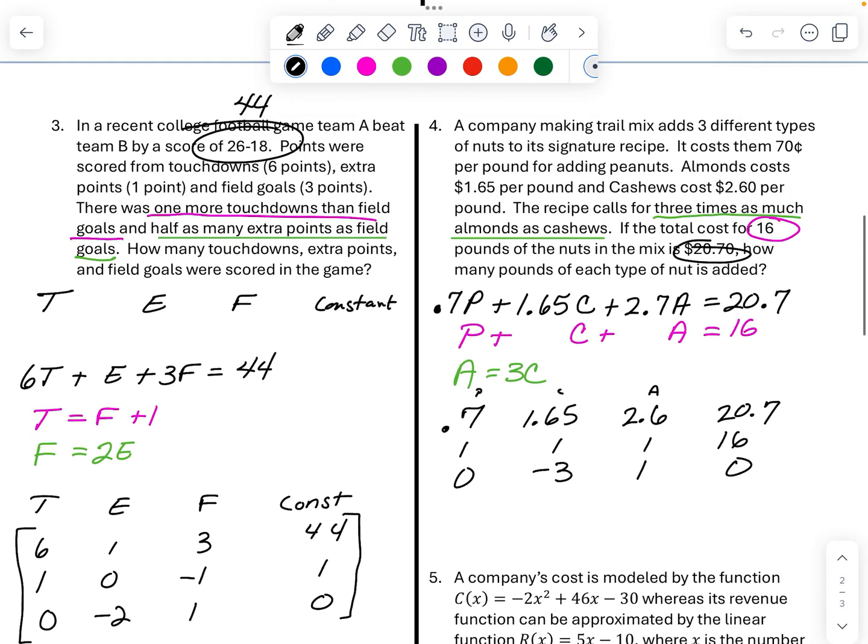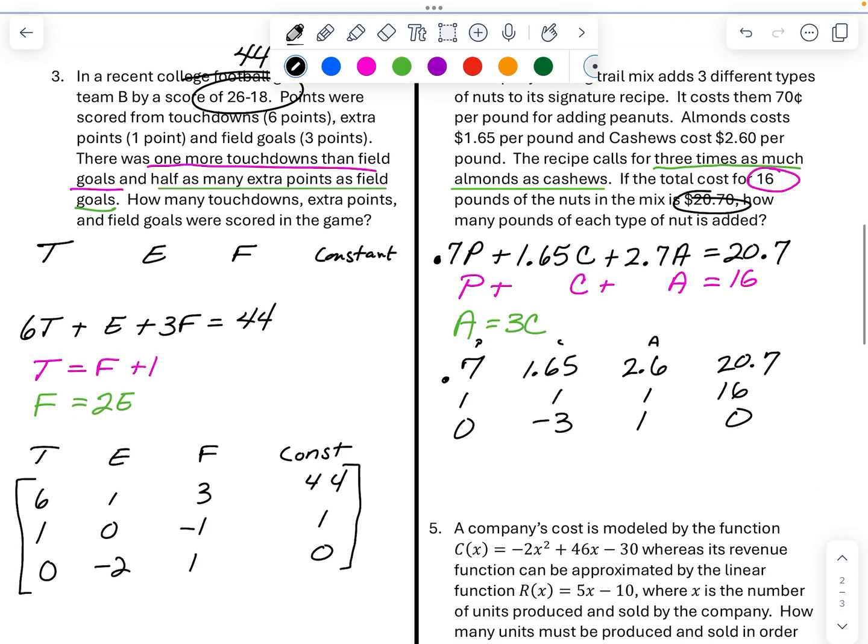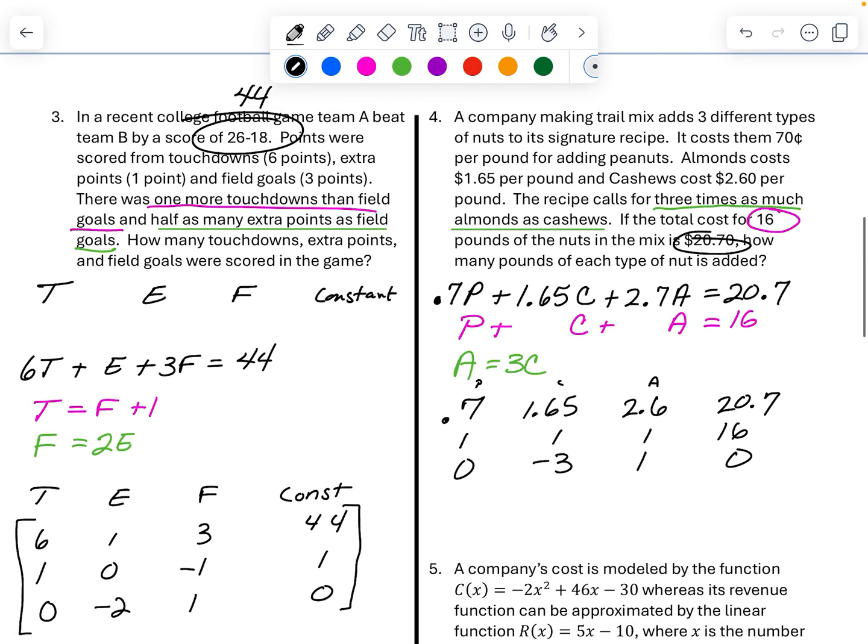Okay. This one's bothering me. 70 cents for peanuts. Almonds are $1.65. Cashews are $2.60. The whole thing is $20.70. The whole thing is 16 pounds.